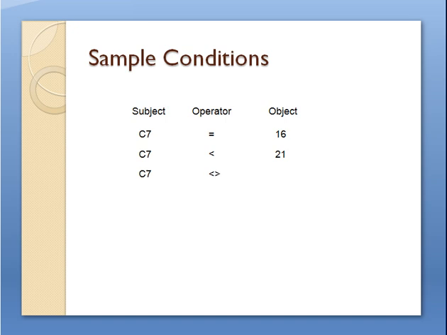C7 not equal to G21. Notice now instead of having an actual number there, I have another cell address. Finally, C7 less than or equal to G21 times 2. We'll break these down a little bit in the next few slides.